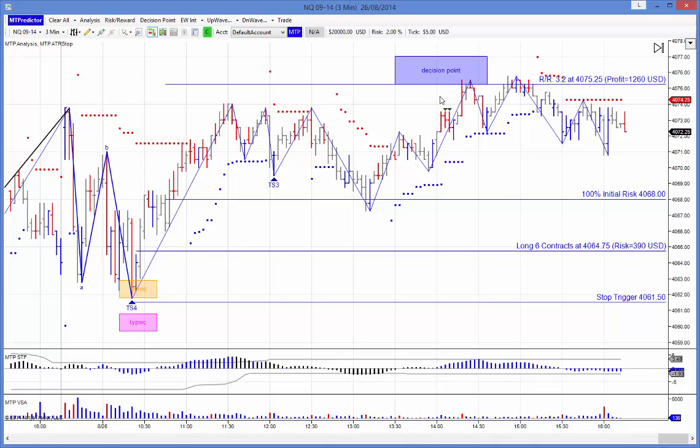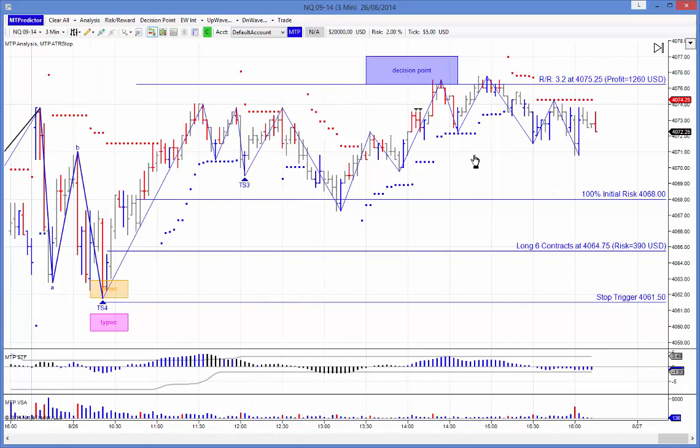The market went right up to the first target, and you'd have been taking profit at pretty much the high of the day. The result was a nice profit of +3 R, in other words 3 times the initial risk. Again, position sizing taking care of keeping our initial risk small. So this was actually a great day for the NQ, going long just off the low of the day and taking profit just around about the high of the day. It's about the best you could have done yesterday.